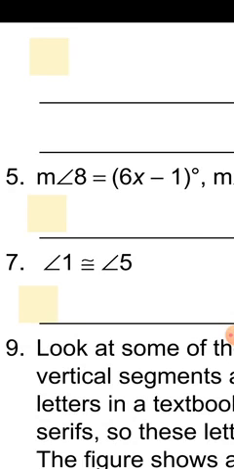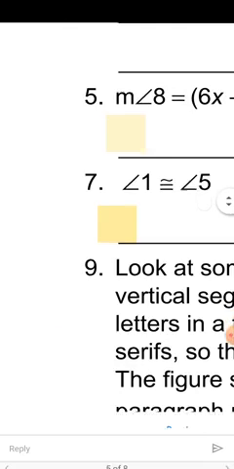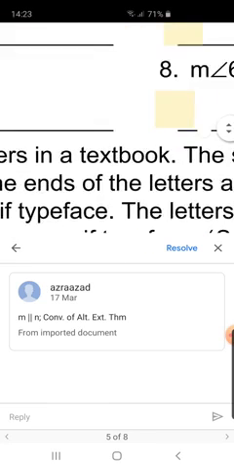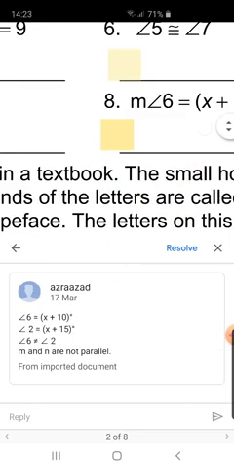So once they have already given you in the question that's equal, you don't need to do anything other than just say M is parallel to N because of the converse of alternate exterior angle theorem. That's all.